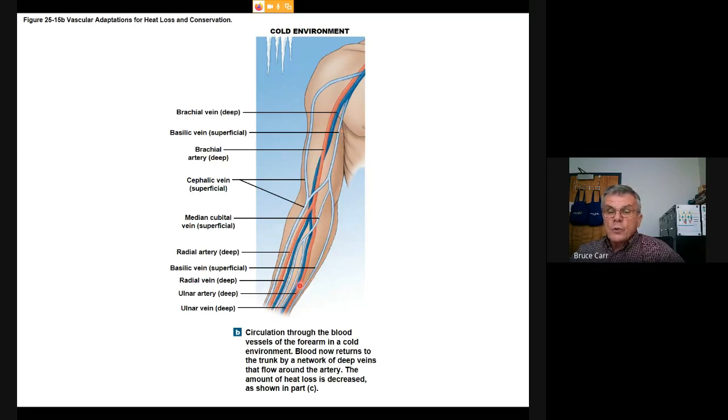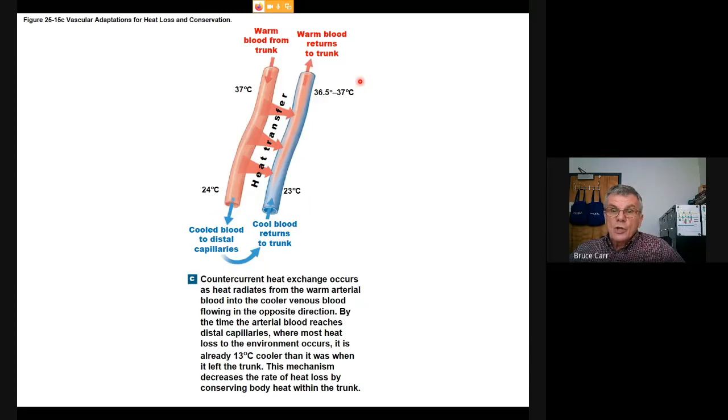And as this cold blood is returning from the hand and wrist and forearm, it's being heated by the arterial blood, so that when it comes back into the trunk and enters the heart and goes to the lungs, those delicate tissues, there's not such a drop in temperature. So it's a kind of countercurrent reheating mechanism. Shown here, warm blood from the trunk is transferring heat to cooler blood returning to the trunk.